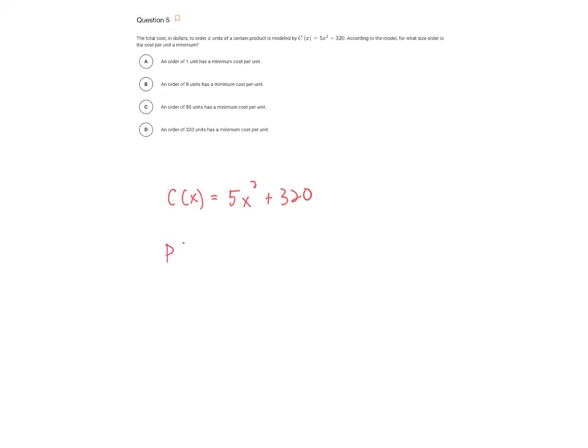I'll call this function p, cost per unit. Just divide everything by x, like this. Okay, so now that is the cost per unit. So cost divided by x, number of units, cost per unit. All right, so this is what we'll take the derivative of.